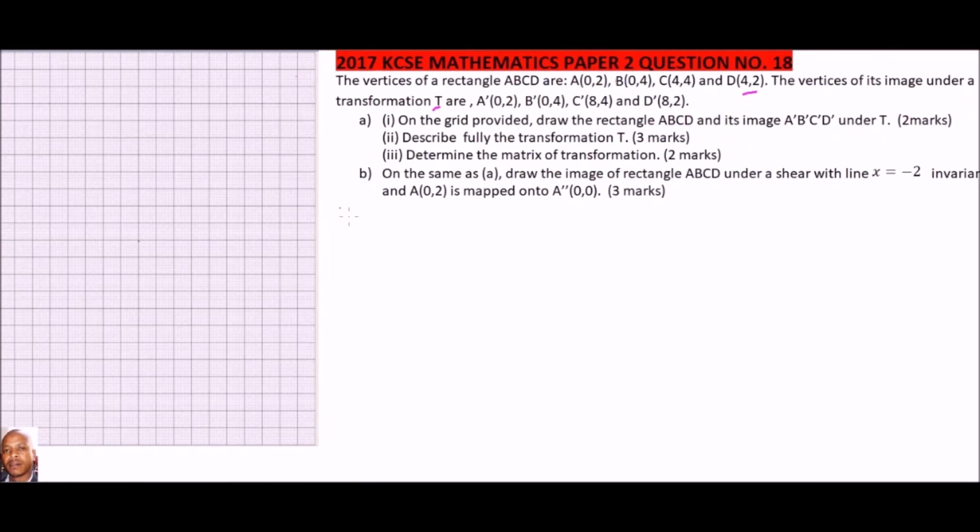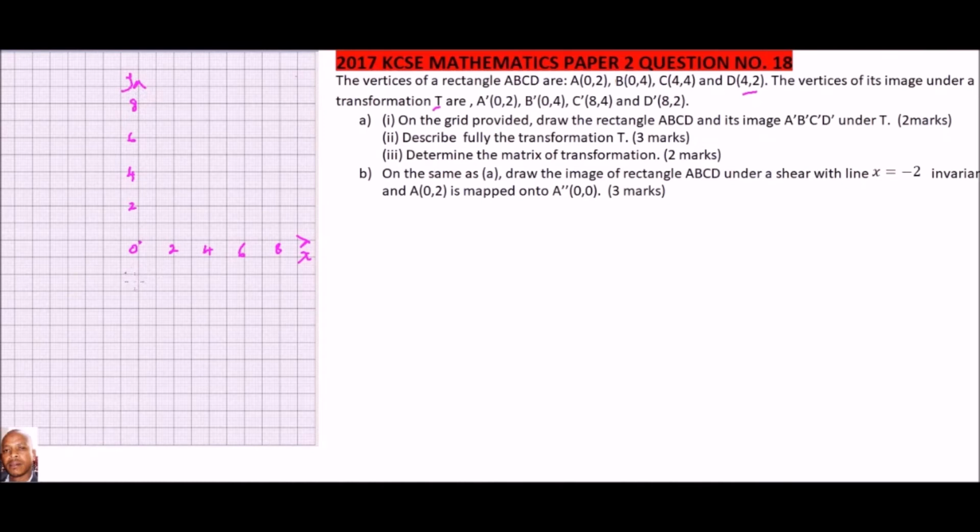2 marks. So we start by first of all preparing our grid. Let's label our grid. We have 0, 2, 4, 6, and 8. This is our x-axis. Then the other side we have 2, 4, 6, 8, and this is our y-axis.